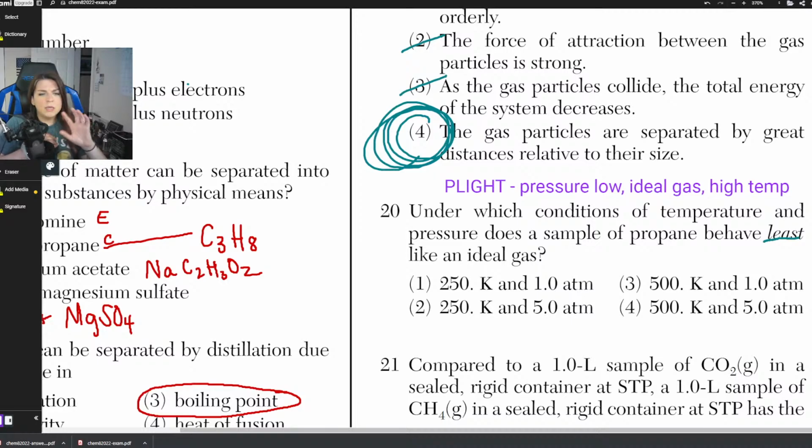And that's going to be the Kelvin measurement. So we want a low temperature. So we're not going to take these options that are giving us 500 Kelvin, because that's a very high temperature. Remember, room temperature is about 300 Kelvin. So we want this 250, that'll work, but instead of having a low pressure, we want a high pressure. So that is going to be choice 2.